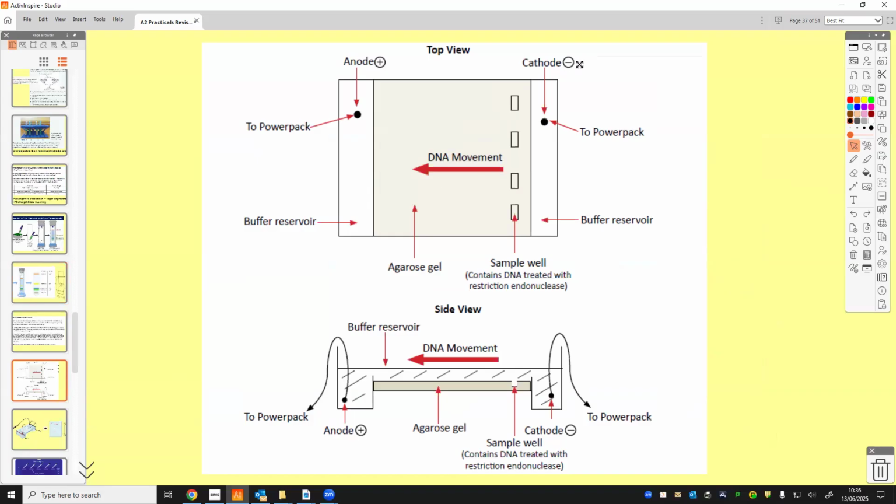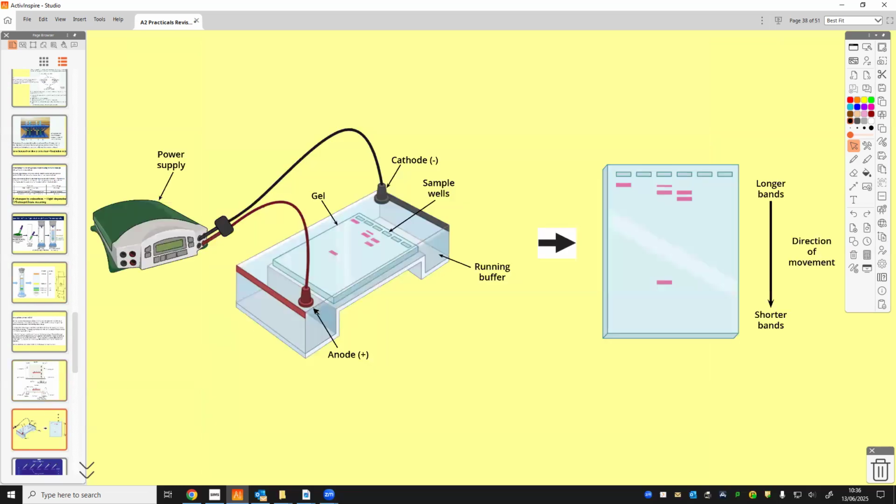You have the negative cathode at this end. DNA is negatively charged because of its phosphate and the oxygens within its phosphate groups. So it will repel this negative and move towards the positive anode. Okay. Smaller fragments tend to move further, larger fragments not as far. Okay, so that's the type of thing there, and you get the DNA separating out into different fragments.